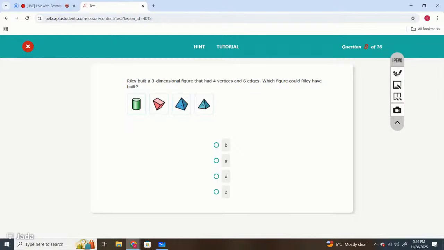Which figure could Rayleigh have built? A three-dimensional shape that has 4 vertices. One, two, three. Option number C is the correct option.